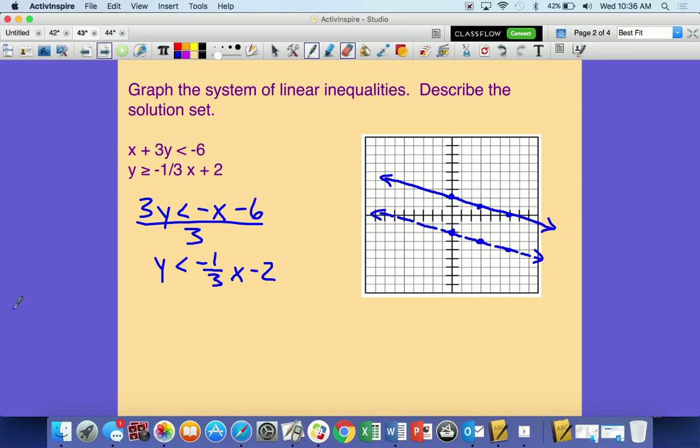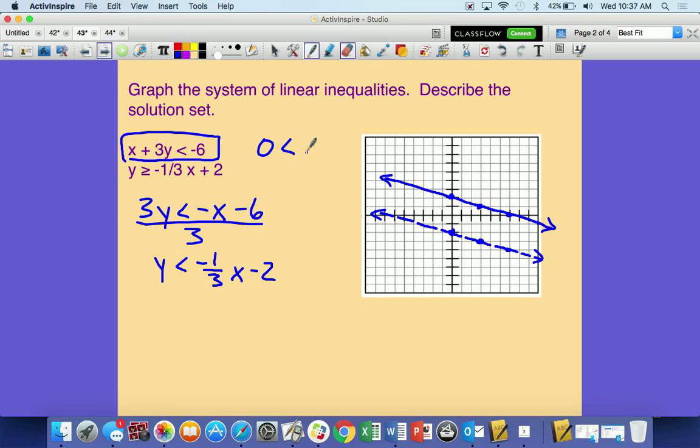Alright, so then what we've got to do is finish shading this in here. So for this first one, if you remember when we did this before with just one of them, I told you to pick a point that's not on the line. So if I plugged into this equation here, which remember that's the bottom one, the point 0, 0. 0 plus 0 is less than -6.